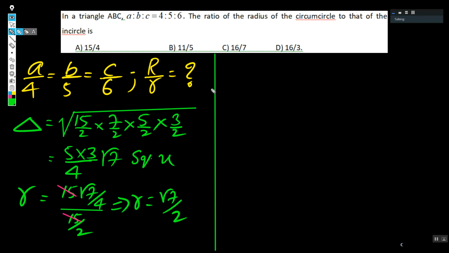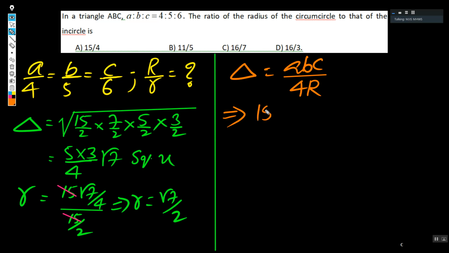Next, delta, another formula, ABC by 4R. Delta is equal to ABC by 4R. What is delta here, please? 15 root 7 by 4, is equal to 4 into 5 into 6 divided by 4R.